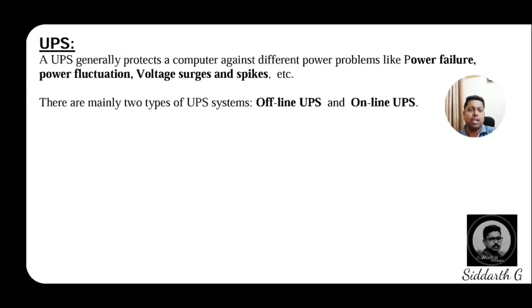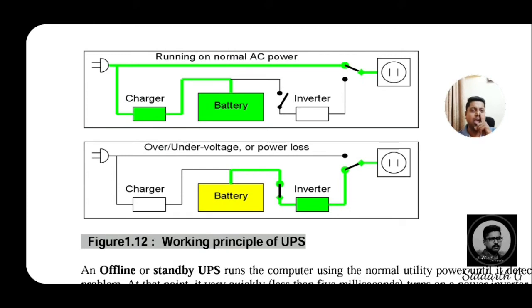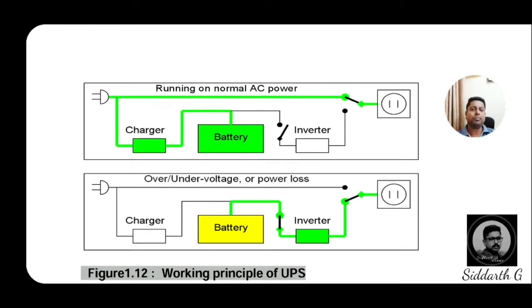Dear students, I will show you pictures of how the offline and online UPS work. If you observe the first diagram, I am showing the online UPS. Offline, you can assume, means without an inverter.